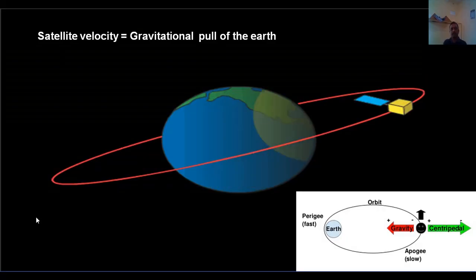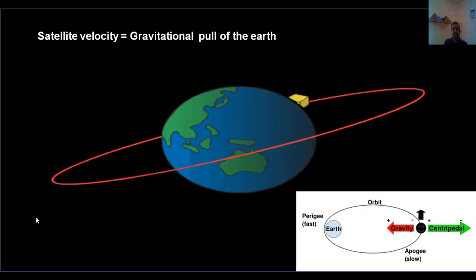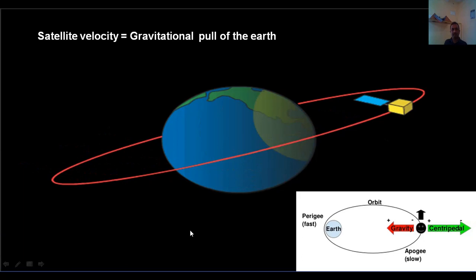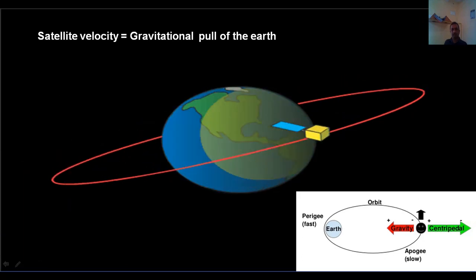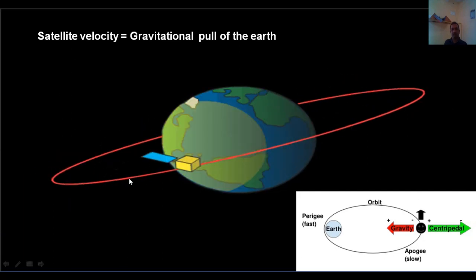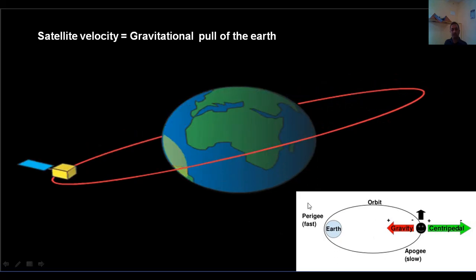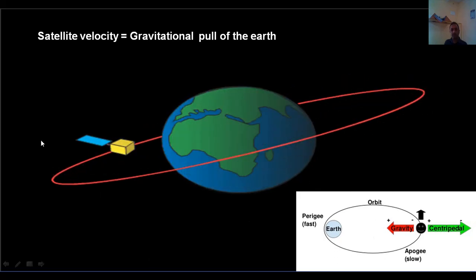First one, what is an orbit? An orbit is a regular repeating path. It is a regular and repeating path. Orbit is nothing but a path.